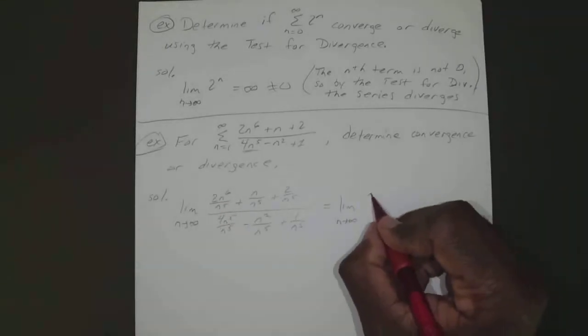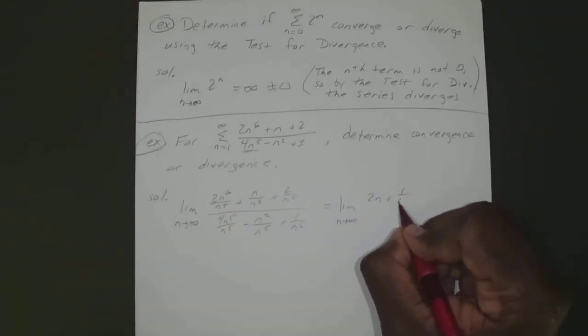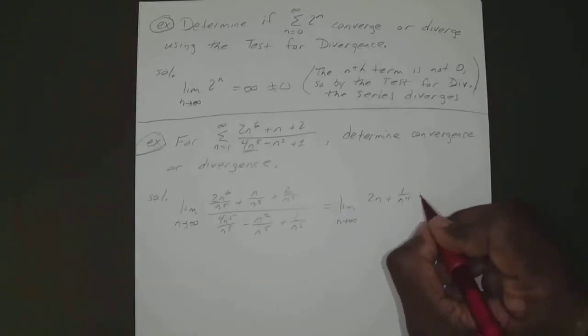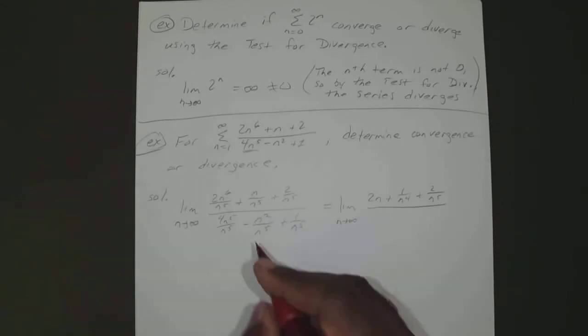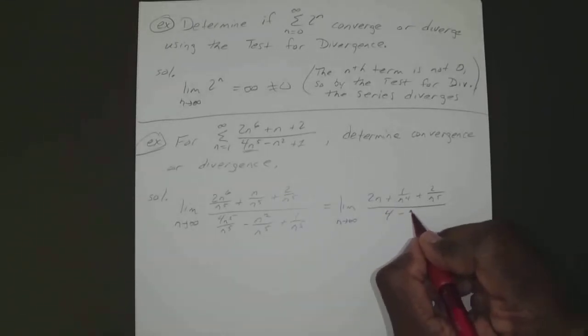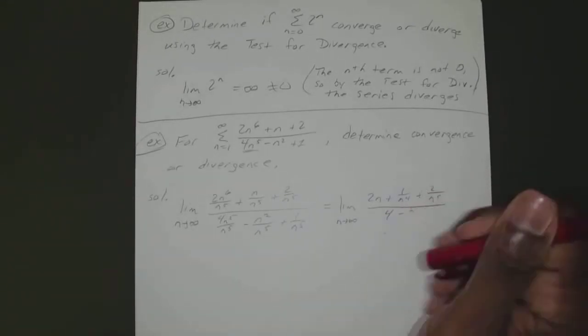That becomes 2n plus 1 over n to the 4th plus 2 over n to the 5th divided by 4 minus 1 over n to the 3rd plus 1 over n to the 5th.